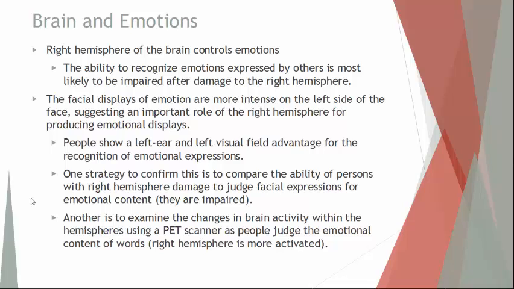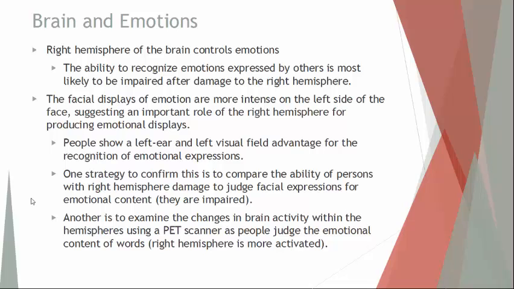Like we talked about before, the right-hand side of the brain will control the left-hand side of the body and vice versa. So the right hemisphere of the brain is what controls emotions. And the ability to recognize emotions expressed by others will be impaired if you have damage to the right hemisphere. You aren't able to tell if they are happy or if they're sad.